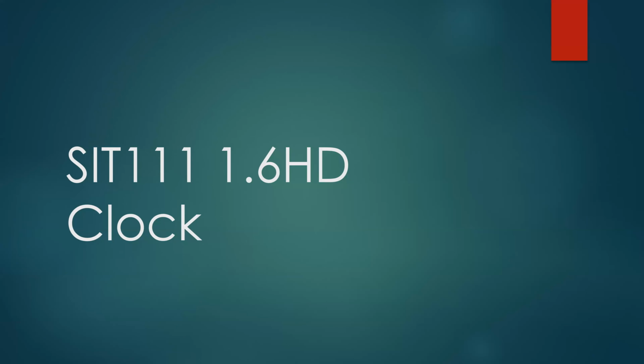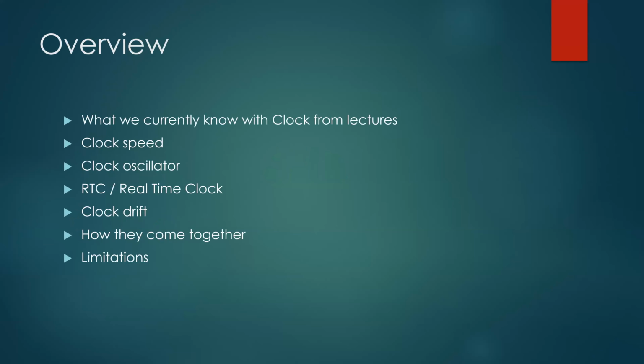So let me first give you an overview of the topics we'll be talking about today. First, I'll be talking about what I currently know about the topic clock from the lectures. I'll go over that. The clock speed, the clock oscillator, RTC, real-time clock, clock drift, and how all these topics I talk about come together in a computer device.